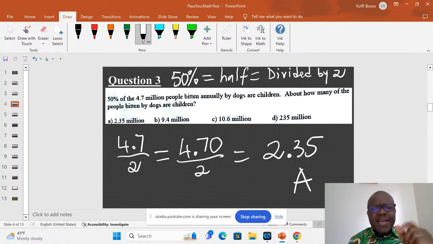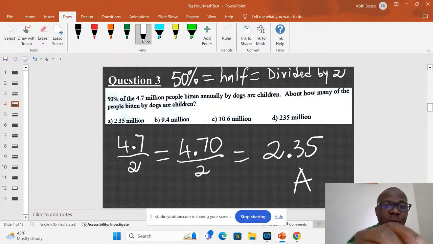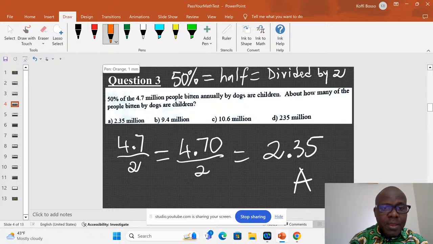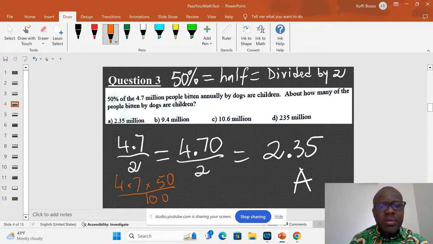In case you don't know that, 50% is the same as dividing by 2. In that case, you have to do the long calculation, which is you multiply 4.7 by 50 and divide it by 100.